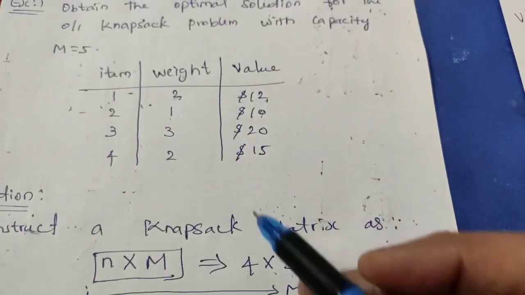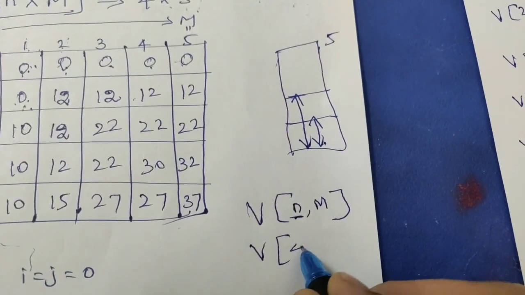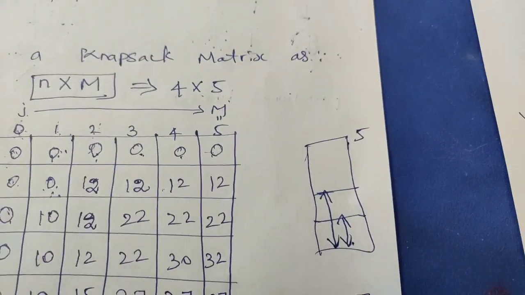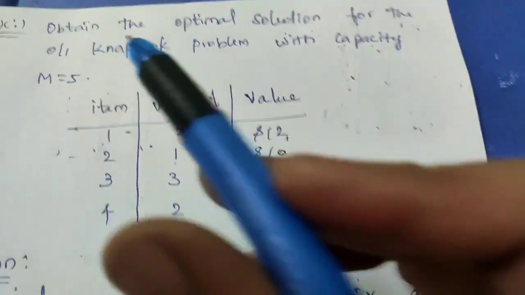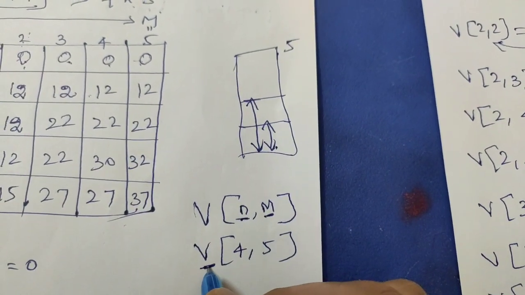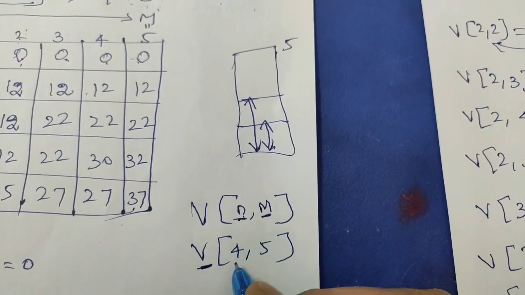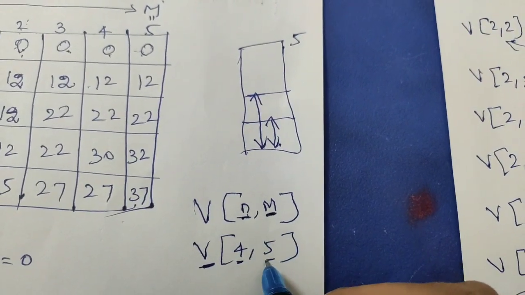The number of items in the given question is 4, so n is 4. What is the maximum capacity of the knapsack? In the given question it is 5. So V is the knapsack matrix, n is the number of items, that is 4, and m is the maximum capacity of the knapsack, that is 5.